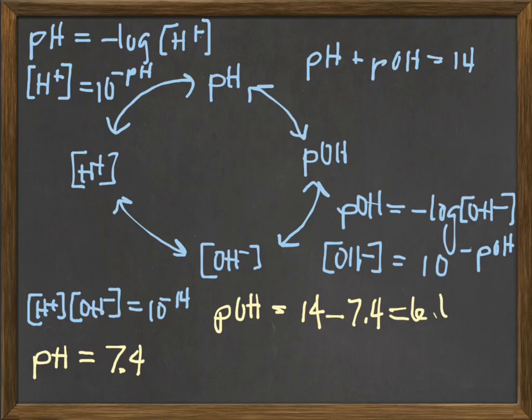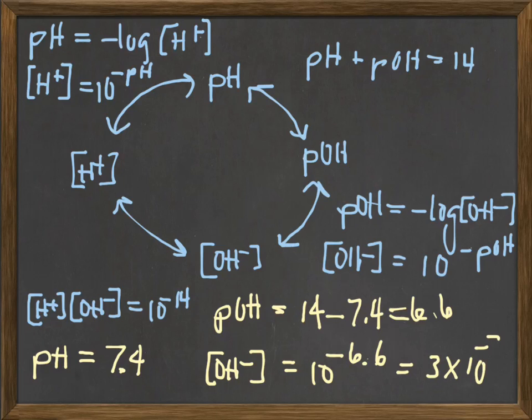So that's 6.6. Now that we know that, the hydroxide ion concentration will equal 10 raised to the power of minus 6.6. We had 2.51, but that would only have one significant figure, so that rounds up to 3. 3 times 10 to the minus 7 molar.